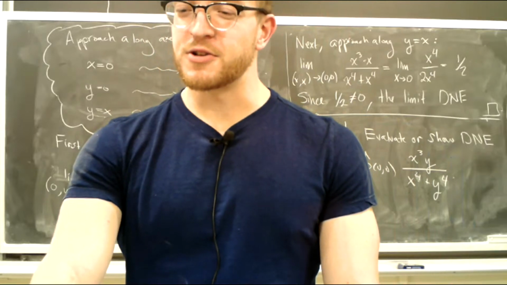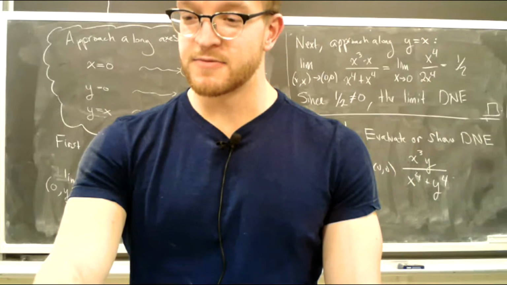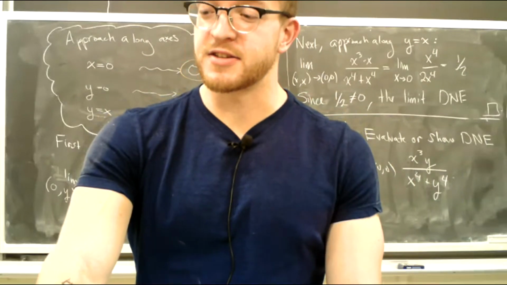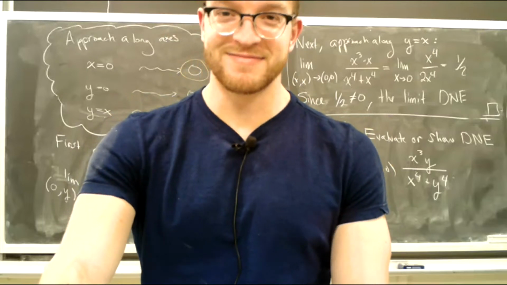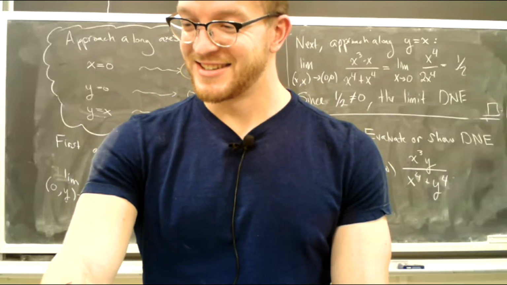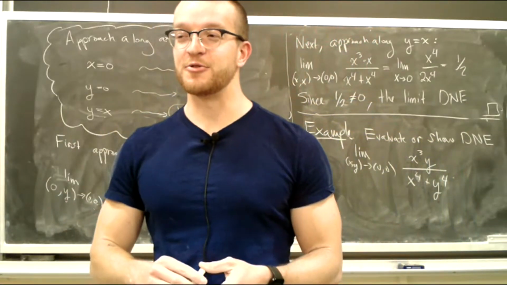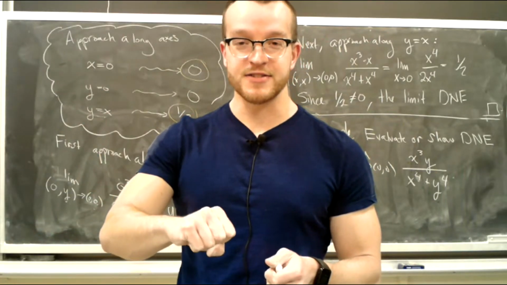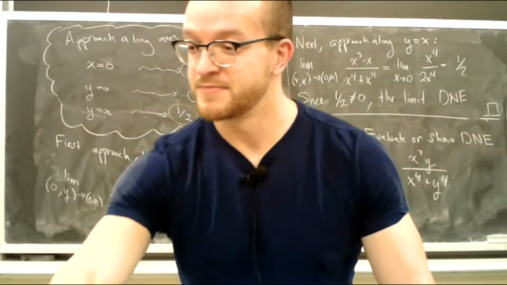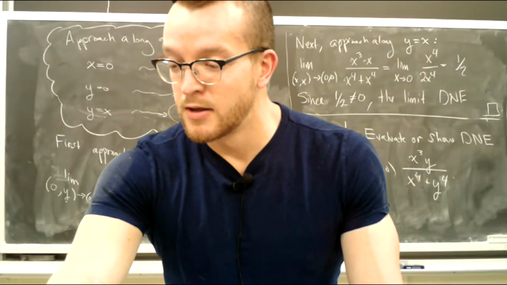So if you approach along y equals mx, you would have accounted for all lines. So if you're asking, could I have done this from the start? Yeah, sure. You can do whatever you want. You're correct. The only thing you have to be careful about is if you do y equals mx and it's always 0 for all lines, that doesn't tell you anything. Do they have to be equal to 0 when you approach?